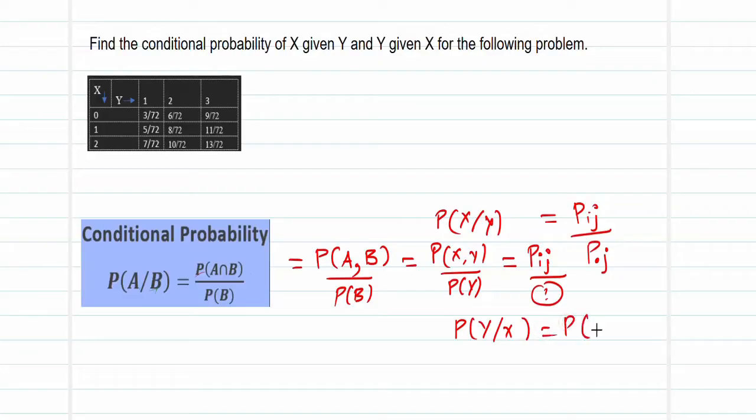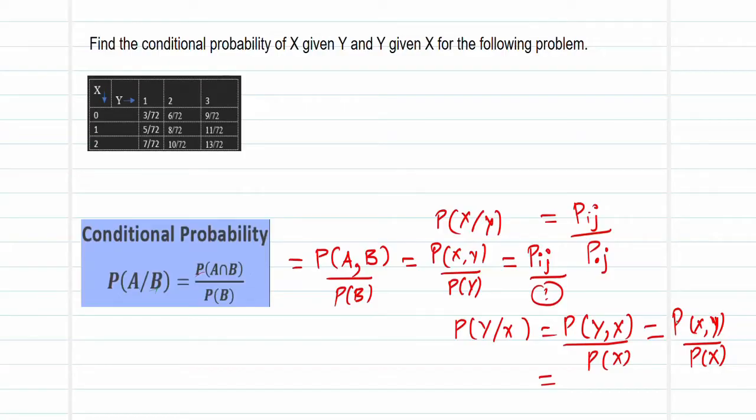And when we want P of y given x, the second part of our problem, this is P of y comma x divided by P of x. But this has to be written in the proper format of P of x comma y divided by P of x, because A comma B and B comma A are the same, since A intersection B and B intersection A are the same. So this requires the marginal probability function of x.